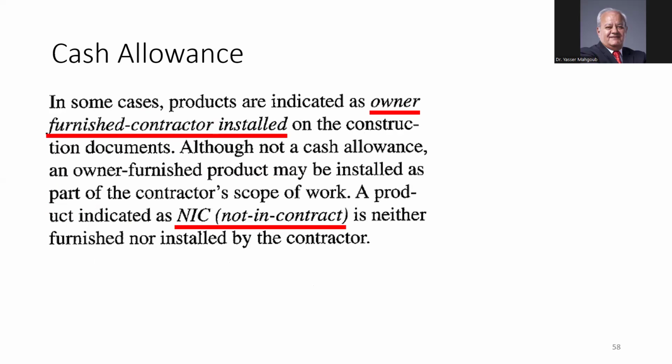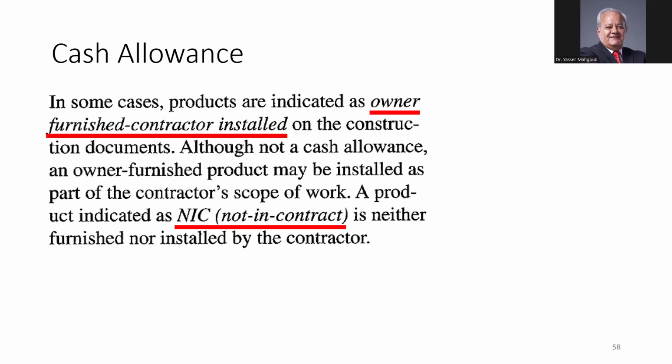In some cases, products are indicated as owner furnished, contract installed. So in some parts, for example, I have a marble factory, or a ceramic factory, or an aluminum factory. I'll tell them, I will supply the aluminum and you install it. So that saves money. This is also part of this type of specifications.